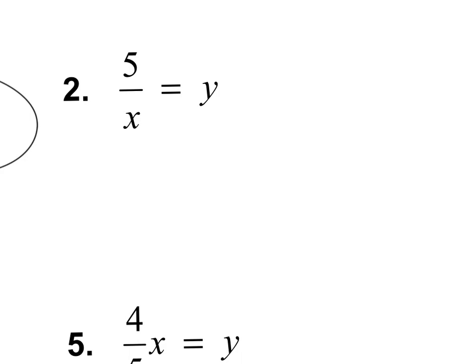So here we didn't have to move anything around, but you'll see that the y is with the 5 and the x is on the bottom. Just so you see this, y is y over 1, so it's on top on this side, and x is on the other side. It doesn't matter which one is where, as long as they're on opposite sides of the fraction line, it will be inverse.